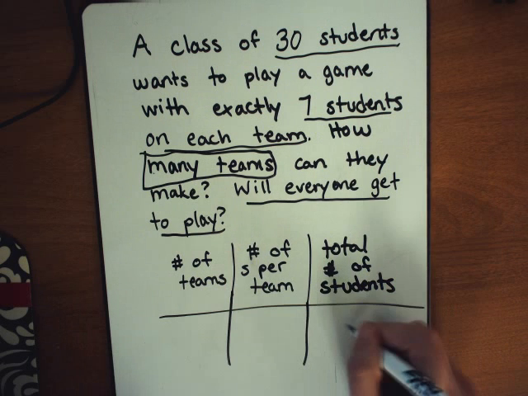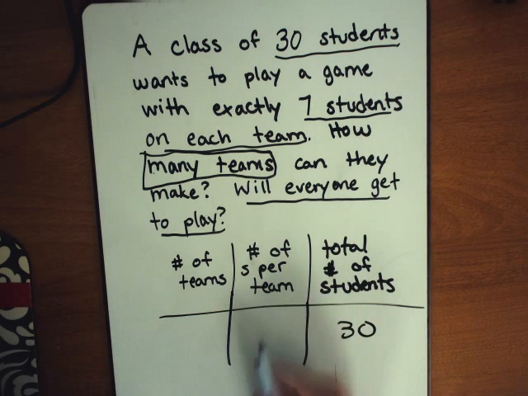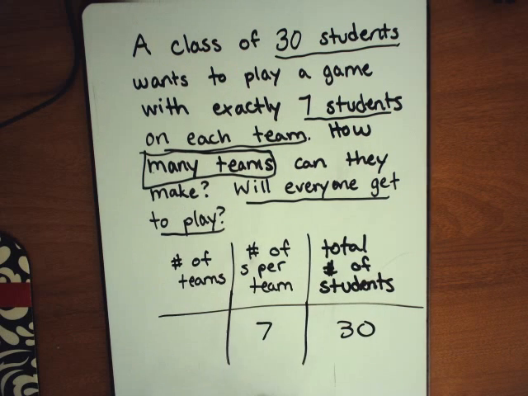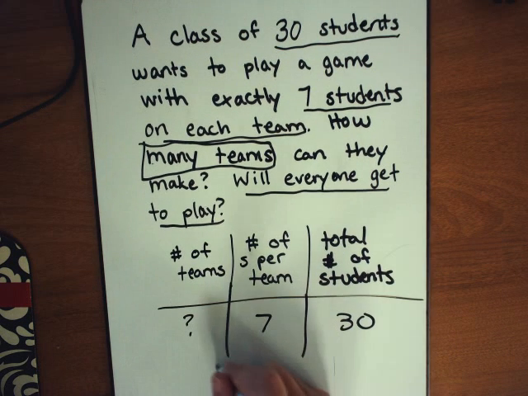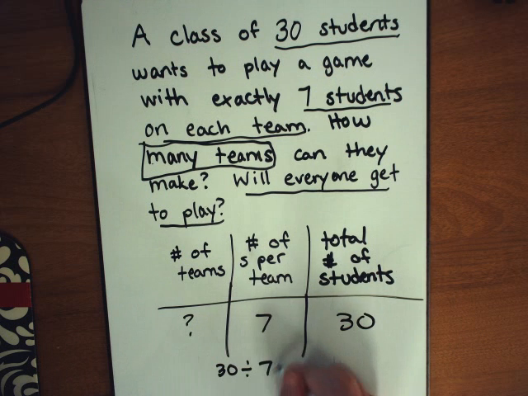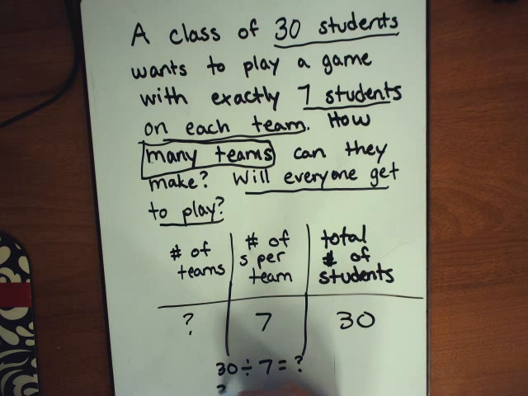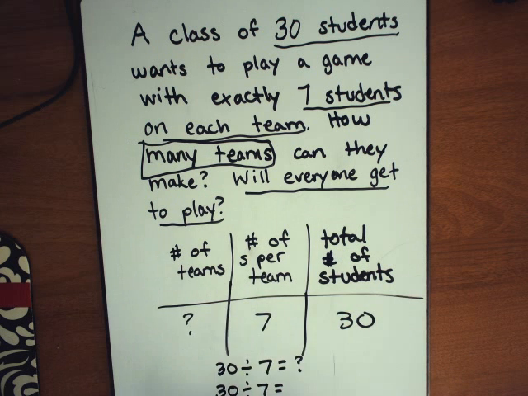So we got 30 students, 7 students per team. So just like we did before, here's our unknown. So we've got 30 divided by 7 is equal to our number of teams right there. So when we write our number model with our answer, I ask myself, how many groups of 7 can go into 30?